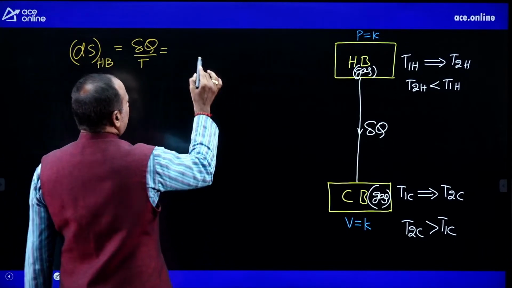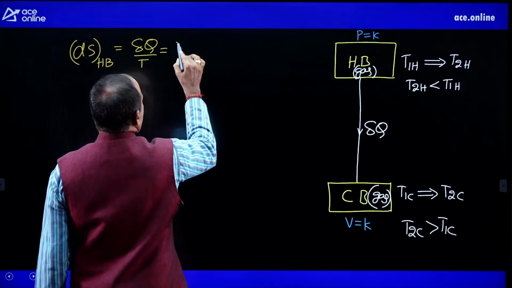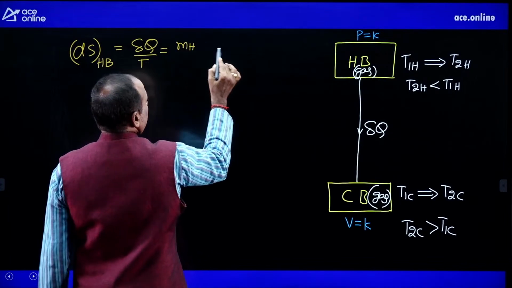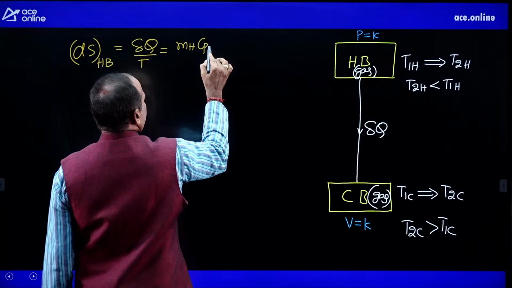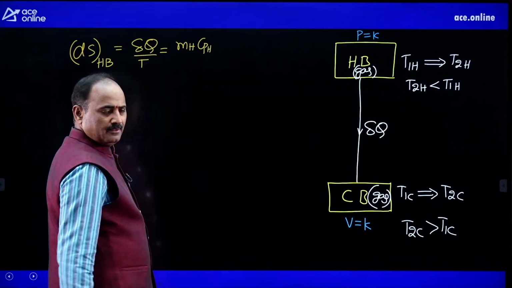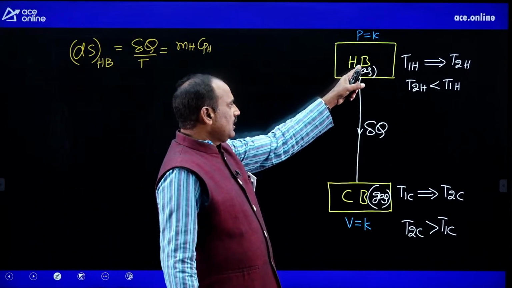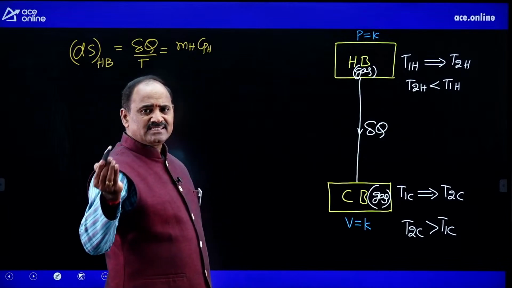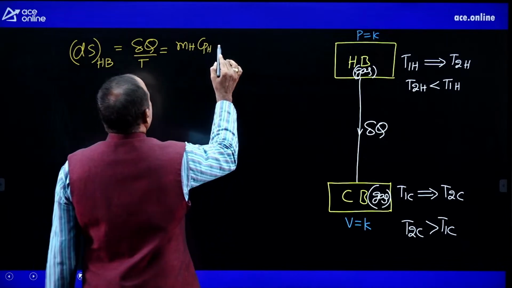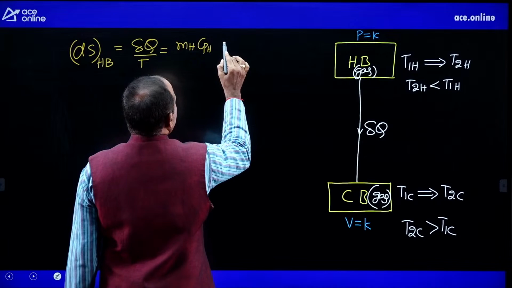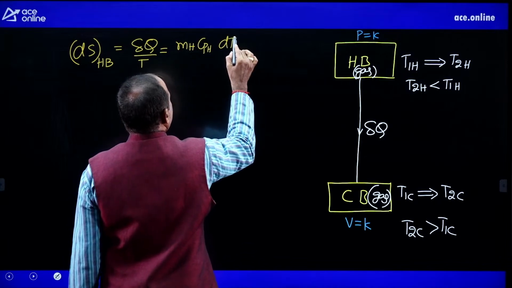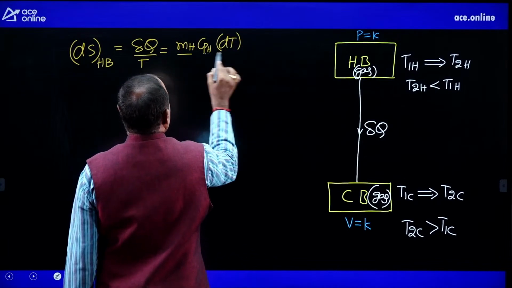But del Q equal to what? Mass of the hot body into the specific heat at constant pressure of the hot body, because we are assuming that the hot body is losing heat as a gas at constant pressure, into dT. dT means change in temperature, dividing by temperature.